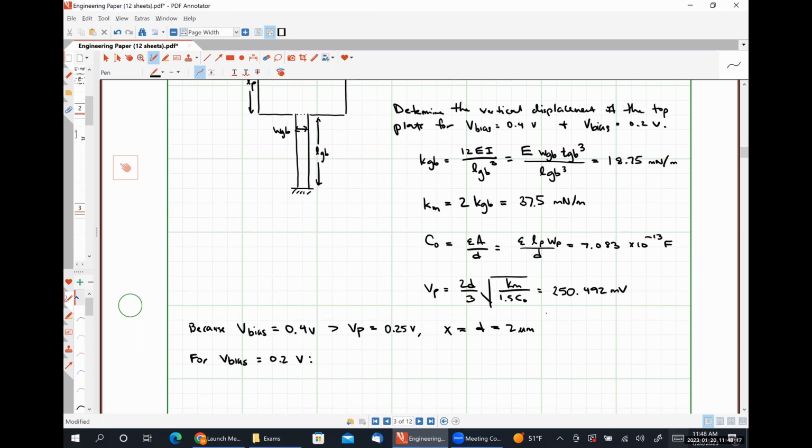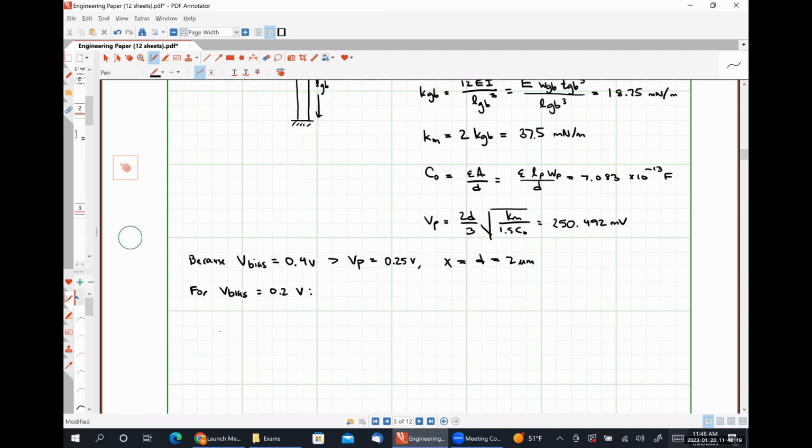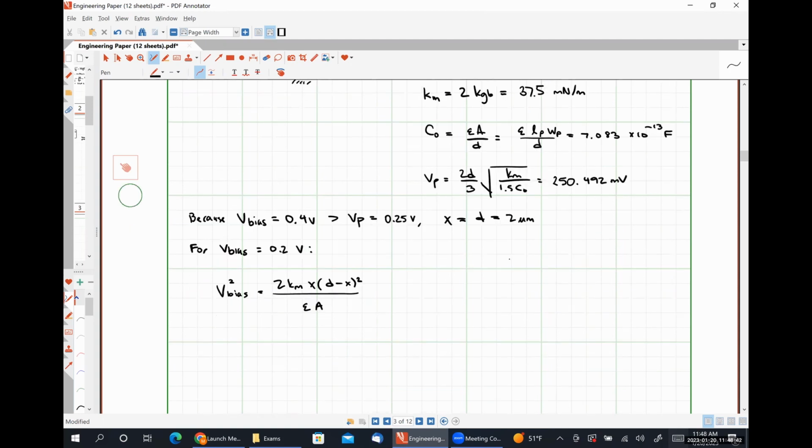So if I look at my expression, V bias squared will be equal to twice Km X times D minus X squared, divided by epsilon A. I can rearrange this, right?